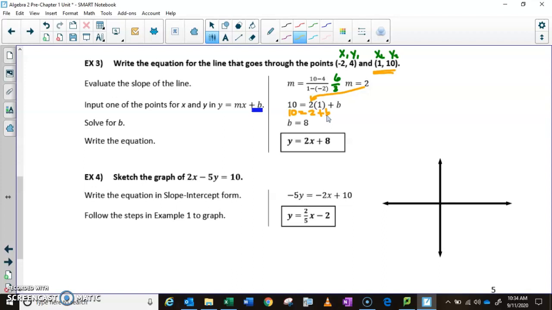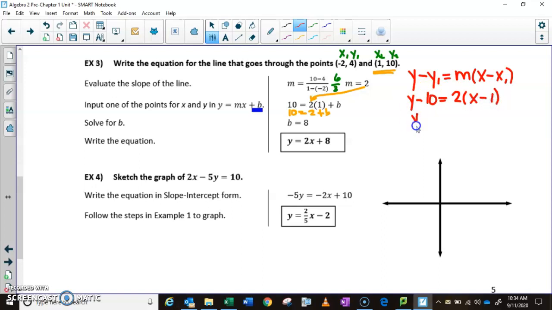That is a shortcut method from what you did back in 8th grade. Back in 8th grade, you would have used point-slope form: y minus y1 is equal to the slope times x minus x1. And you would have substituted in. Again, I'm going to choose that second point. So y minus y1 of 10 is equal to the slope of 2 times x minus x1 of 1. We'll distribute on the right, so 2x minus 2.